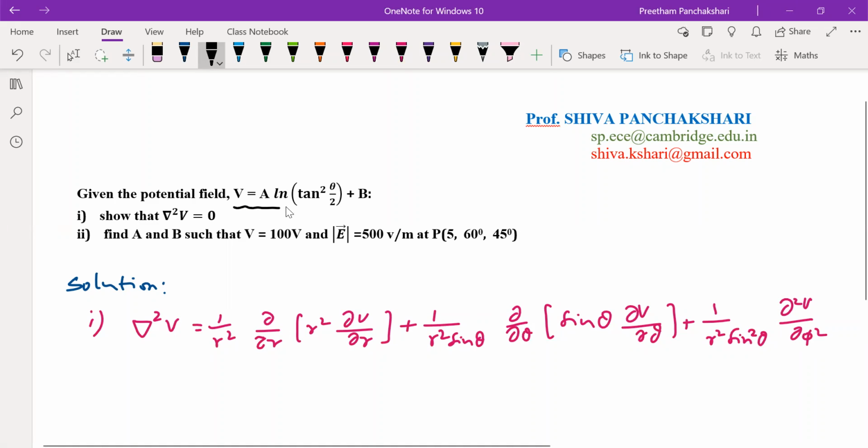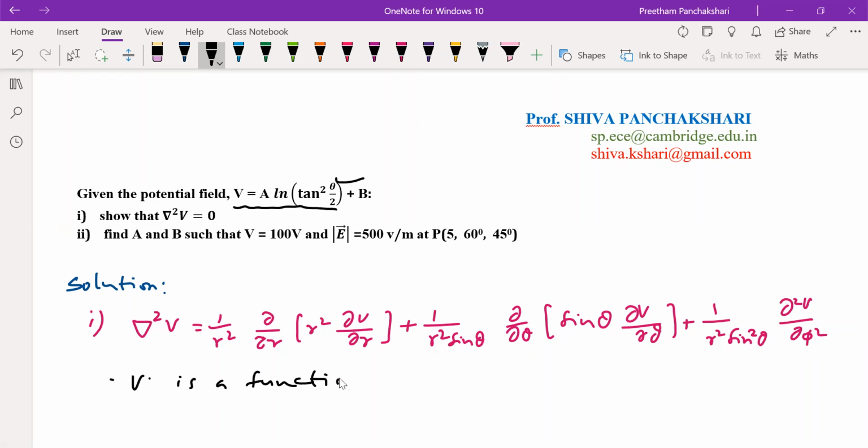In this problem, if you observe V, only theta is there. So V is a function of theta only. So dou V by dou r is 0. Dou V by dou phi is also 0.